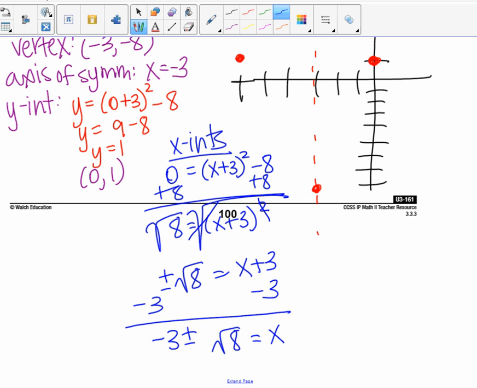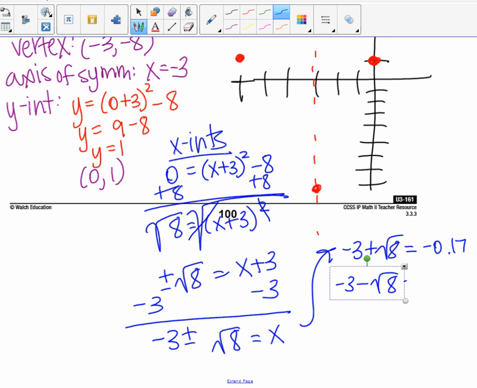So to figure out what my x-intercepts are, -3 plus the square root of 8, I'm going to pop that in my calculator. And you get -0.17. And then -3 minus the square root of 8, and you get -5.83.